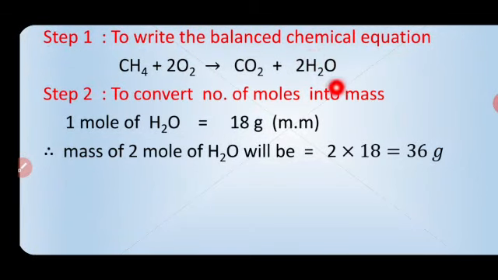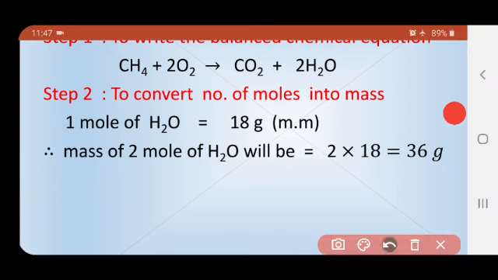If you see this equation in terms of moles, then 1 mole of methane reacts with 2 moles of oxygen to form 1 mole of carbon dioxide and 2 moles of water.